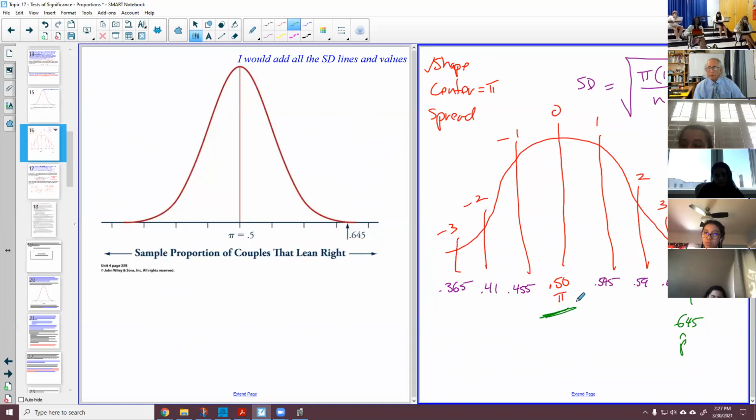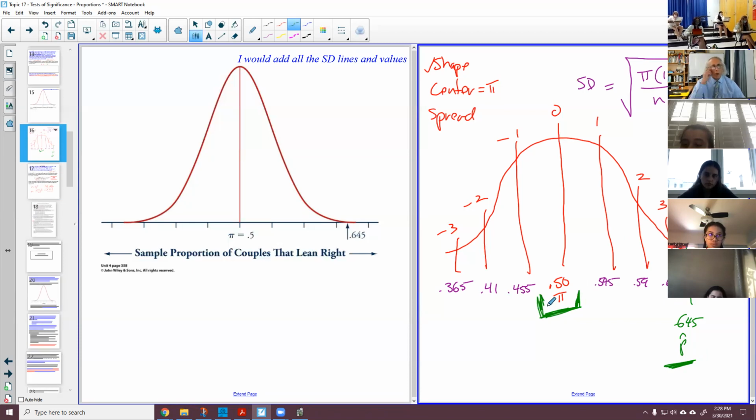Do you think I'm going to end up rejecting my null hypothesis or not? I think I'm going to end up rejecting this thing. My sample is so far away from my null hypothesis that, it was a nice thing to hypothesize, but I have to reject it.